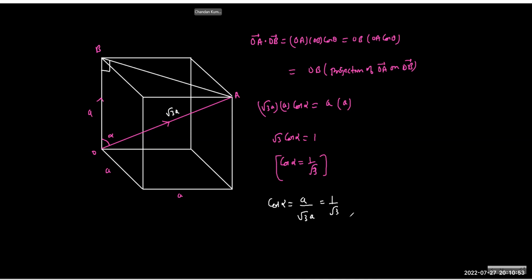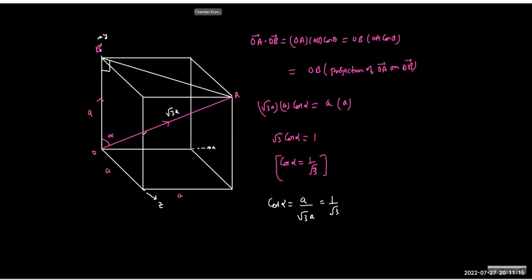And the third method, if you remember, is the direction cosines, which we have described already. Choose the XYZ. And because the diagonal is symmetrical in case of a cube, the angle between any body diagonal and edge will be the same.